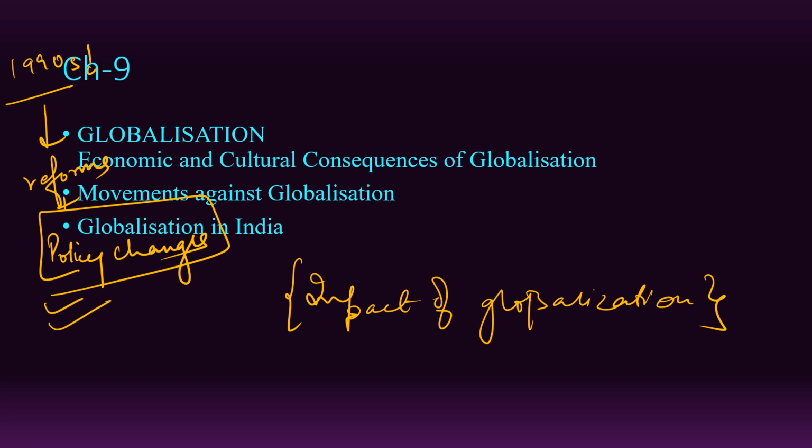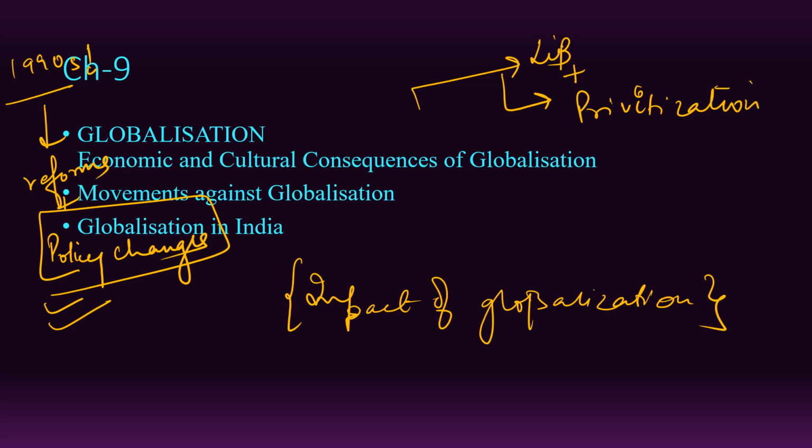So simply when I say globalization, it means integrating the Indian economy with the world economy, and globalization is the outcome of liberalization and privatization, and aims to create a borderless world.